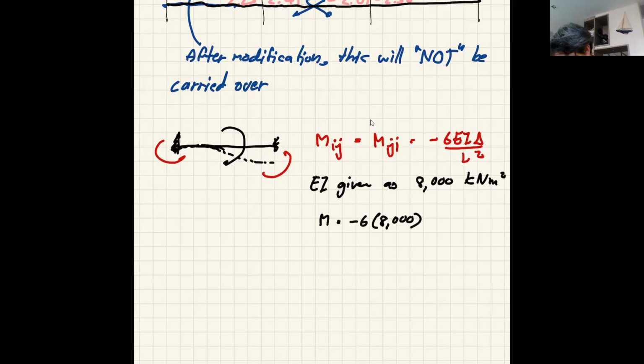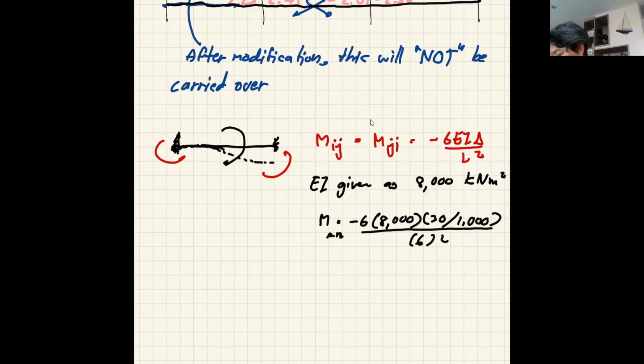And for the first member, the settlement is 30 millimeters, so it is 30 divided by 1,000 to make it meters, and then L squared, that would be 6 squared. That's for AB.